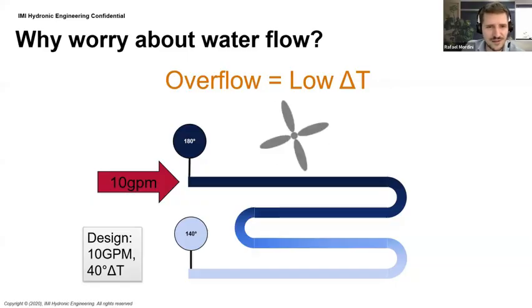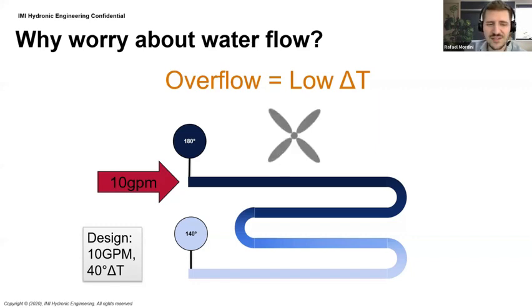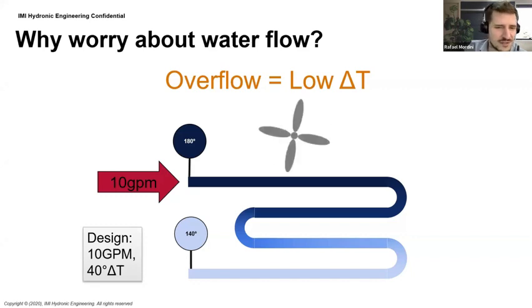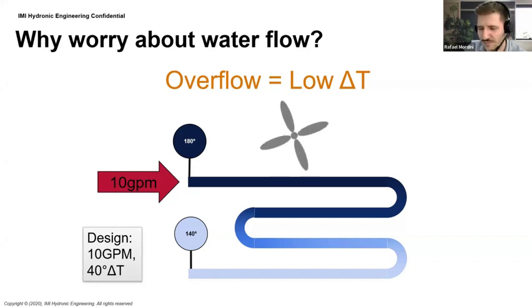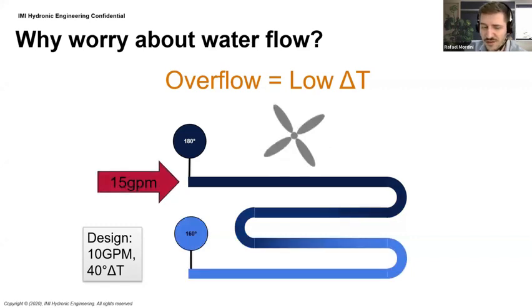So let's take a look at this example. We have a coil that's designed for 10 GPM, supply temperature 180 degrees, with a delta T of 40 degrees, so the return temperature is 140. Well, what if we're unbalancing the system? What if we have 15 GPM?